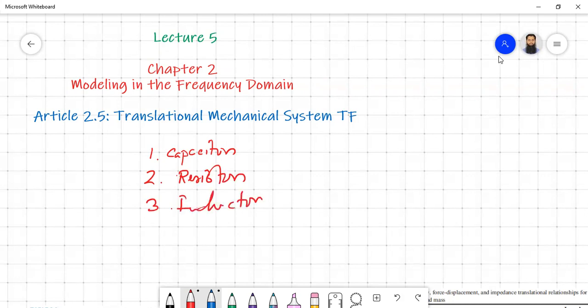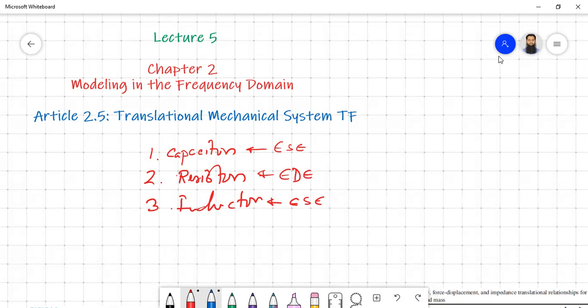Out of these, the capacitor and inductor are energy storing elements, and the resistor is an energy dissipating element.